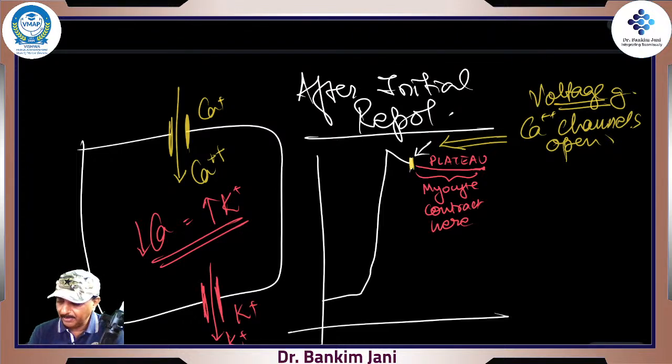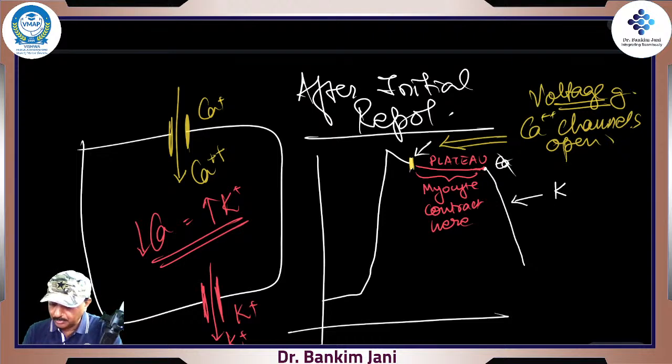After some time, these calcium channels are exhausted. Those voltage gated calcium channels close. Sodium channel is still working. So now there would be a drop, due to the potassium channels which are still working and throwing the potassium out.